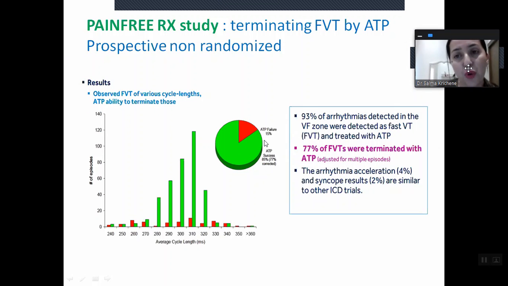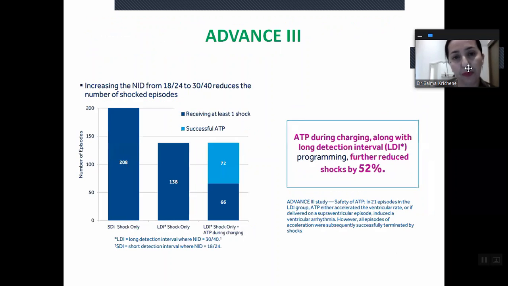So that proved the efficiency of ATP to terminate fast ventricular tachycardia with safety.